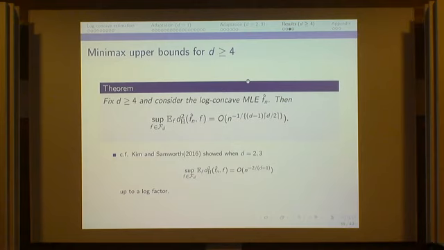Of course, this is different from our minimax lower bound, which is n to the minus d over d plus 1. That is definitely larger than this. So we are not completely convinced which one is the optimal rate. That's future work that we need to do.